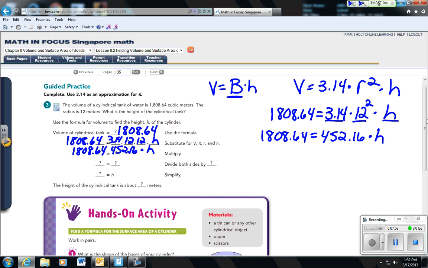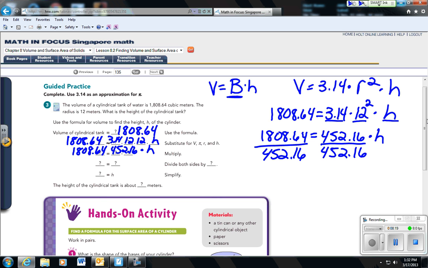Now, again, goal to get the h all by itself, so we need to get rid of this 452.16, which is multiplying the h. So to get rid of it, we do the opposite, which is to divide. So 452.16. And if I divide the right side of the equal sign by 452.16, I have to divide the left side by 452.16.